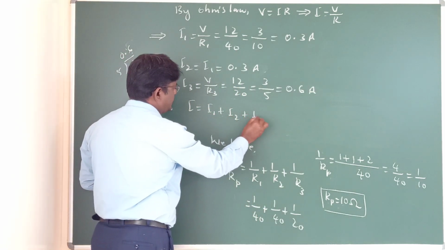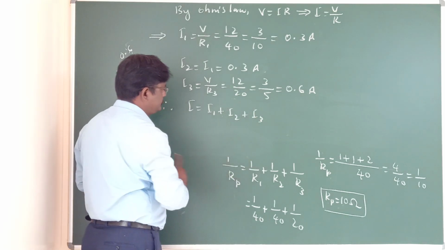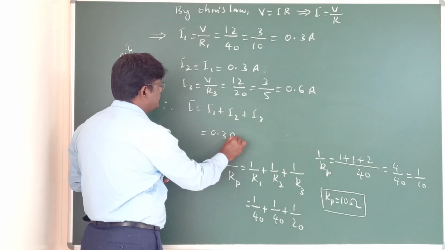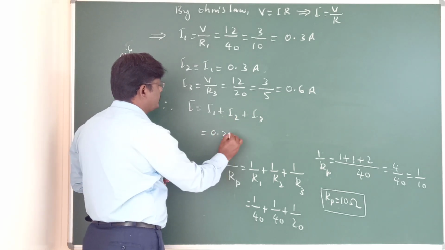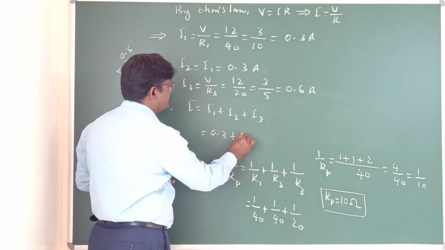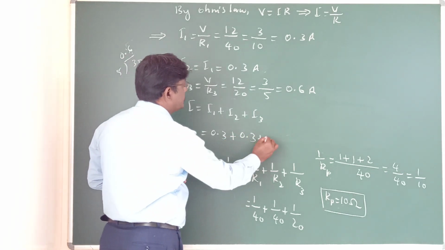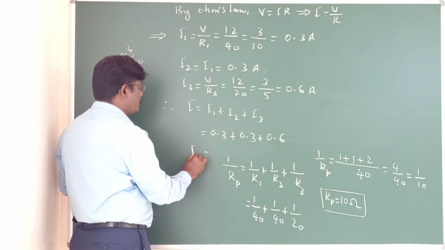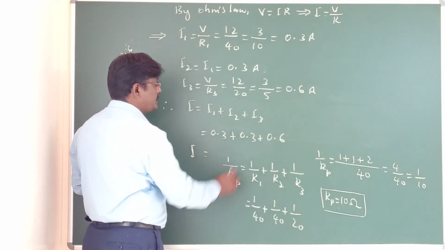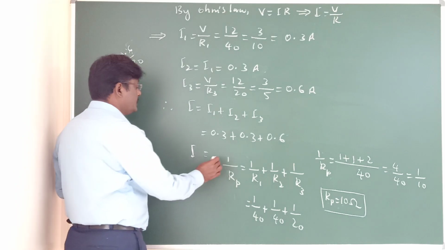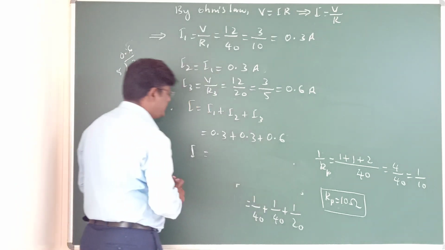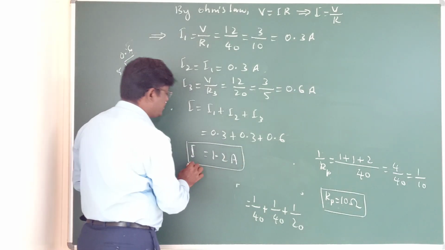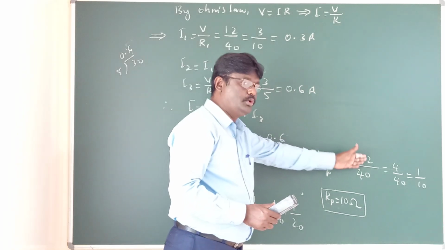Therefore I1 is 0.3 ampere plus I2 is 0.3 plus I3 is 0.6. Finally, the power supply total current I equals 0.3 plus 0.3 plus 0.6, which is 1.2 ampere. We have to be very careful because here we have so many times ohm, etc.